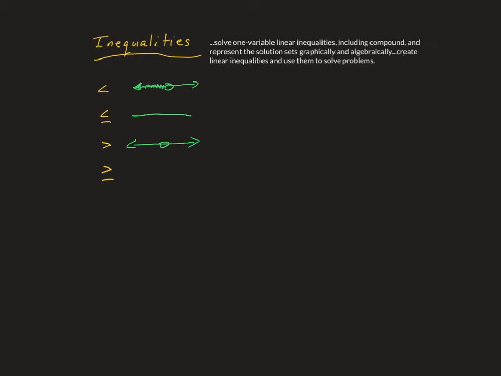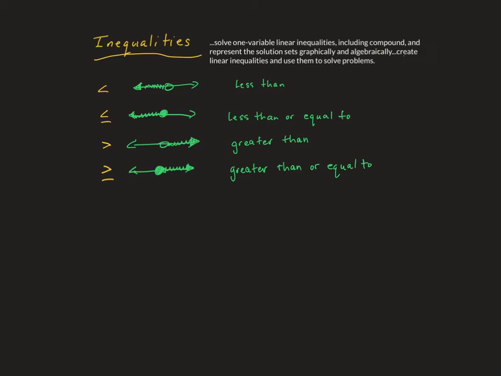Sorry, I forgot to do my shading, didn't I? So the circle is not included, but when we're equal to, we will have less than, and it will also include that point, and then we have greater than. It will include that point and then everything to the right because that is greater.